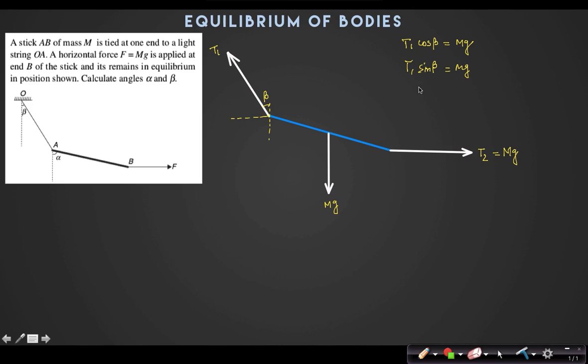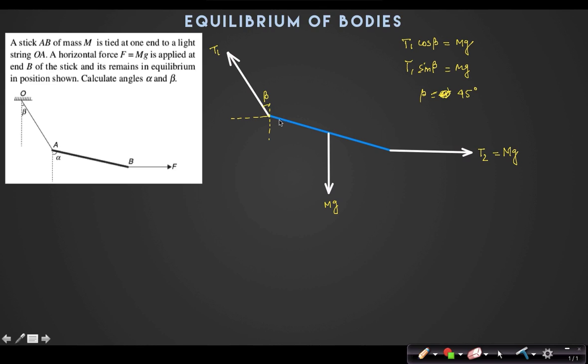If I divide, tan beta is 1. So sin beta equals cos beta, so beta is equal to 45 degrees.